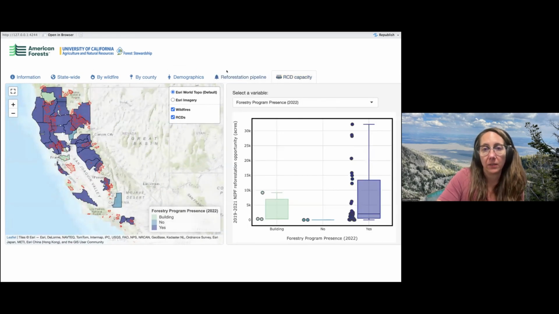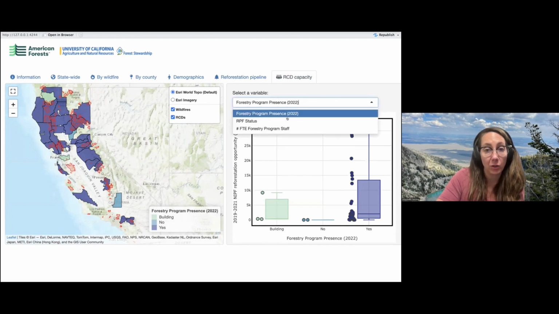Last but not least, we also have a little bit of information about RCD capacity. These are showing the different RCDs that have post-fire reforestation support. This looks at whether it's forestry program presence as of 2002, RPF status, and the number of full-time forestry program staff.